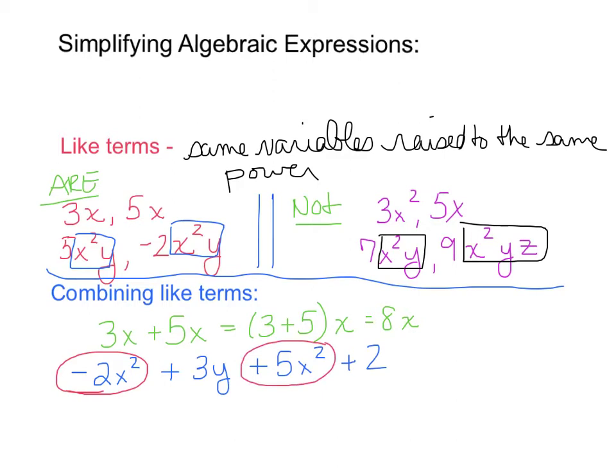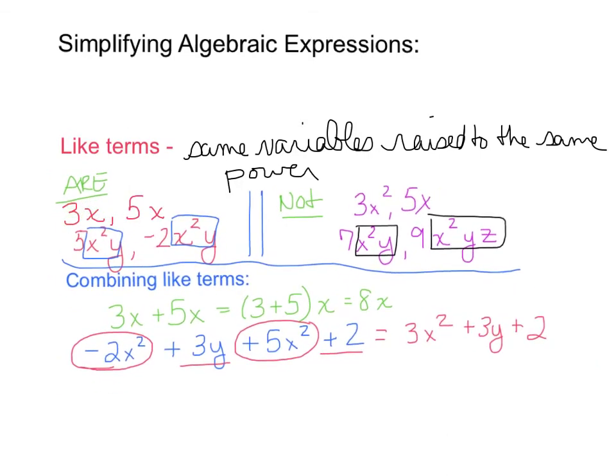They're both terms with x squared in them. So negative 2 plus 5 is going to give me 3x squared. After that I've got the 3y, which is by itself, and then the plus 2, which is by itself as well.